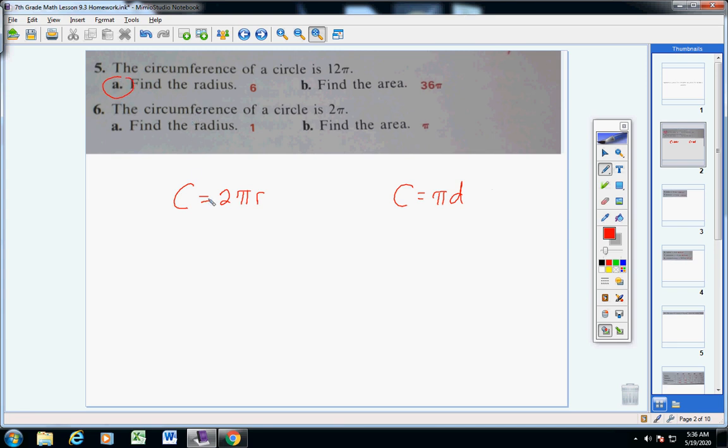So, here we go. The circumference is 12 pi. So our circumference is, I'm going to put 12 pi, alright? And then, because they have pi right here, I am going to leave my pi, just pi, and I'm trying to find my radius.